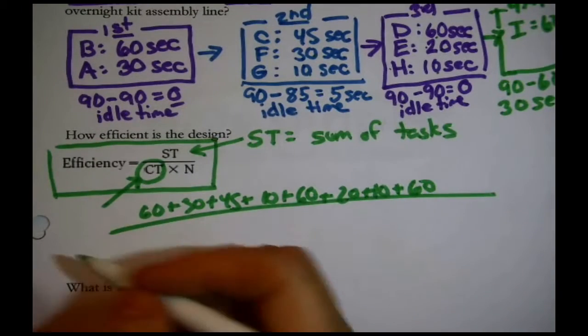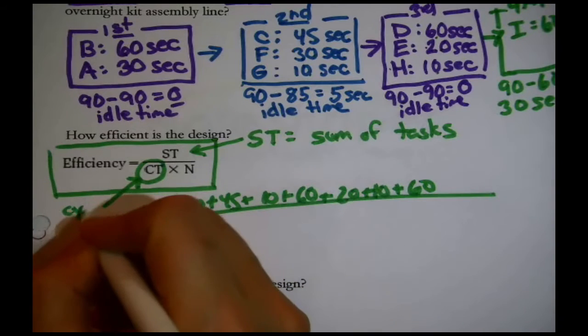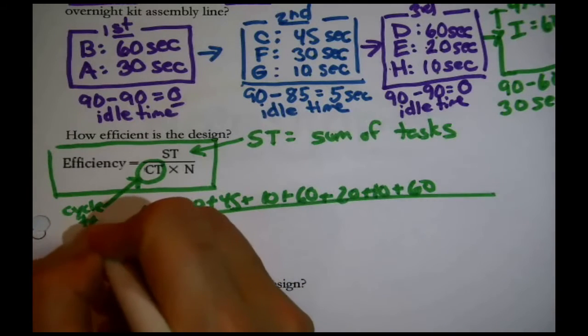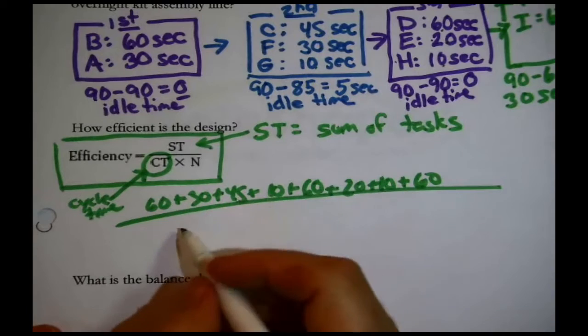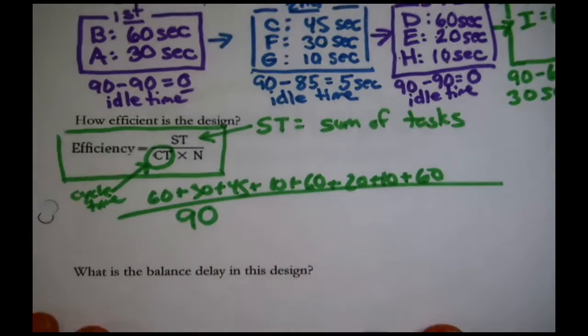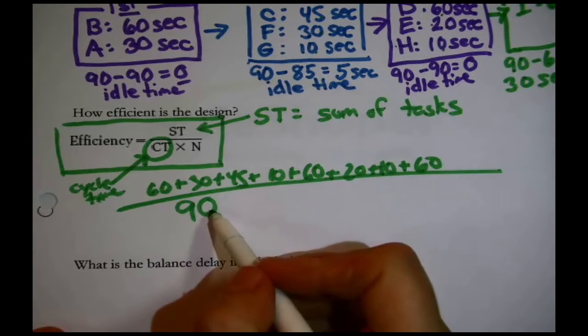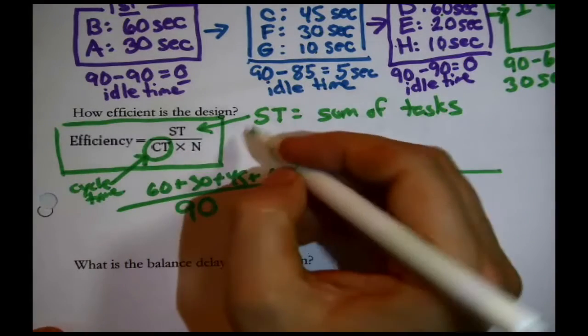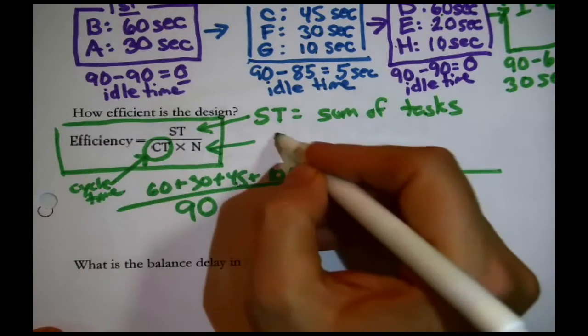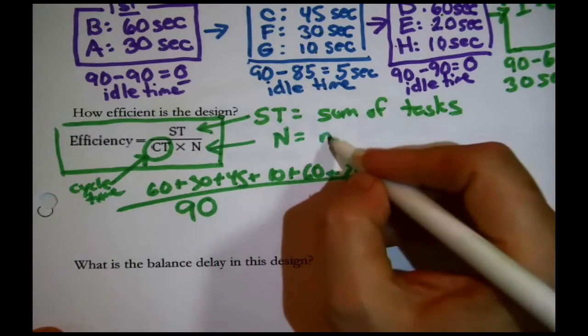Now, that is a familiar abbreviation right there. That is the cycle time, which in our case, down here in my scratch work, is 90. And it says cycle time times N. N equals number of workstations.